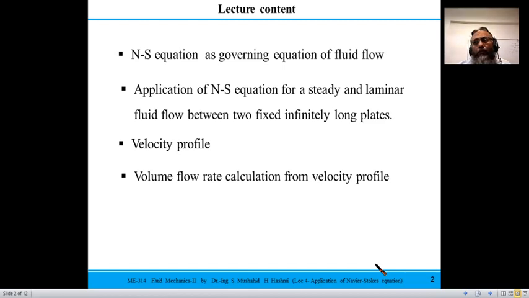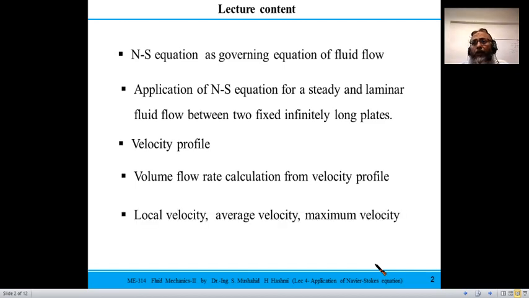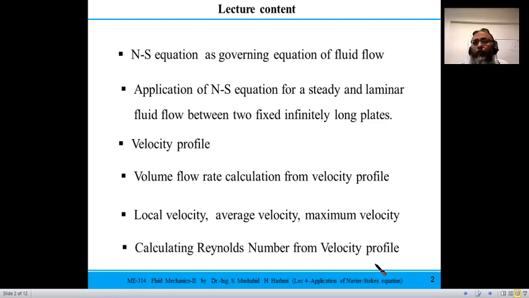After getting the velocity profile, we will be in a position to calculate so many things, including the volume flow rate, the average velocity, the maximum velocity, or we have information about the local velocity, and finally we will calculate the Reynolds number from that velocity profile. So this is the content of today's lecture.